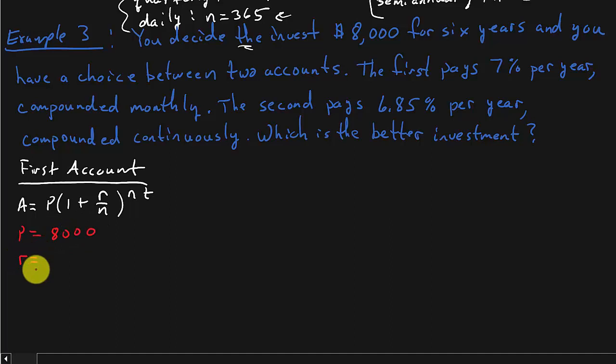R, for the first account, pays 7%, so that's 0.07. Now let's write T down. It doesn't matter which order you write them in, but T, that's for 6 years, so that's 6. And N, compounded monthly, so that's 12.